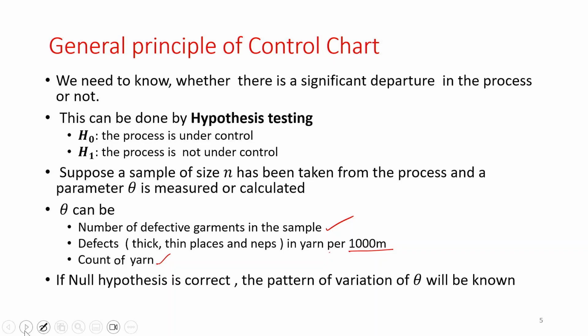So theta could be anything. And if the null hypothesis is correct, the pattern of variation of theta will be known. If it is correct, then the way theta will vary will be known to us, because we know some parameters of yarn, fabric, or defects, how they vary, which kind of distribution they follow.